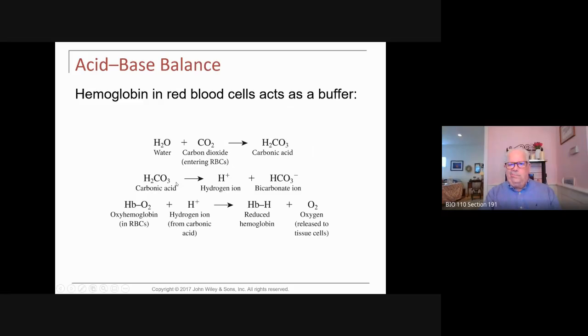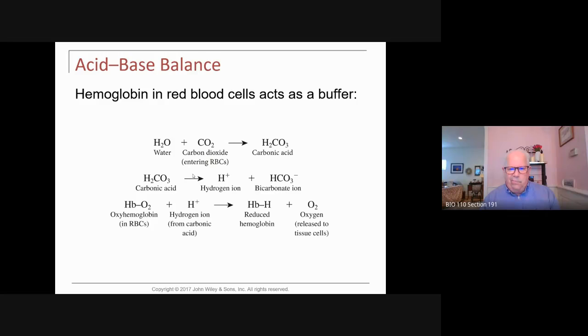Carbonic acid is broken down into hydrogen and bicarbonate. This is acid, this is base. The enzyme that does this is called carbonic anhydrase. It works both ways.